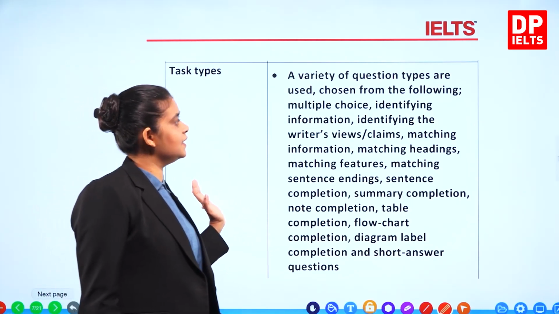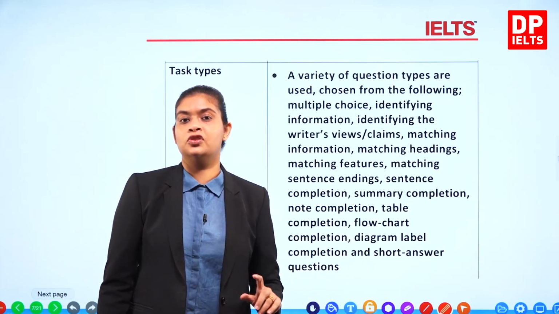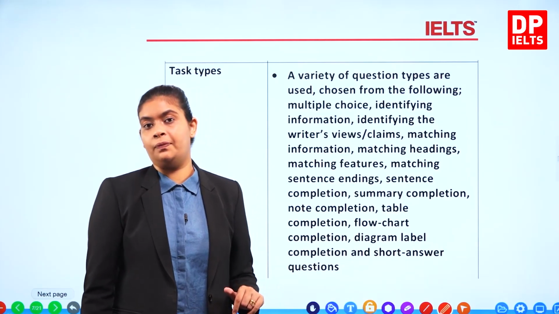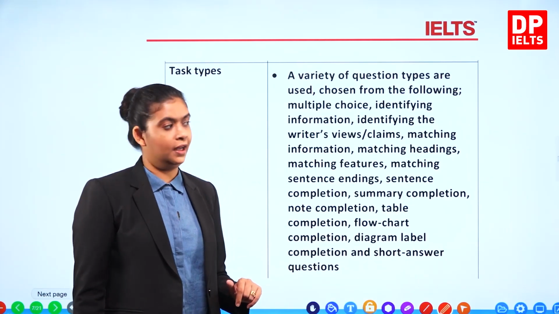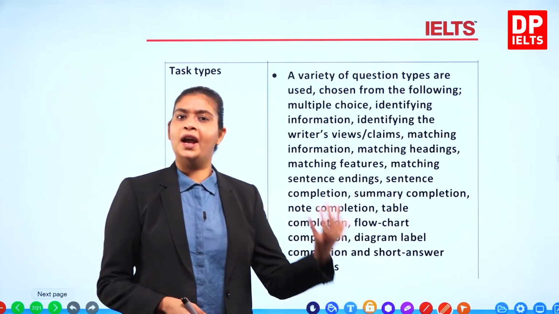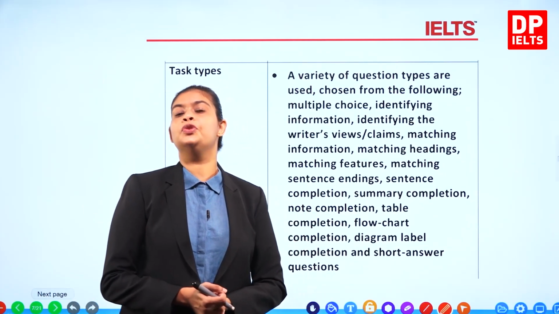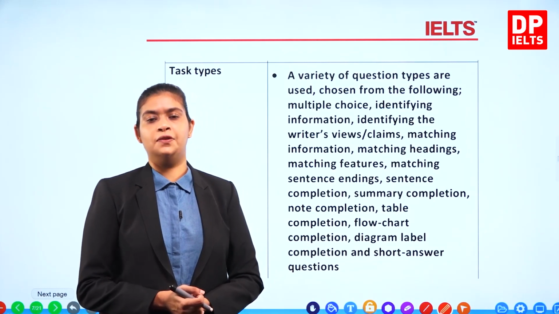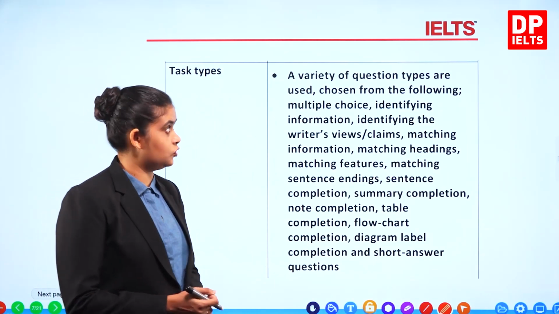So you can see there's a variety of questions that could come up in your exam. So you must make sure that you have practiced a lot so that you can answer these different types of questions.